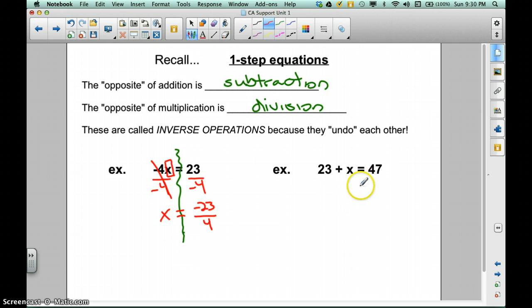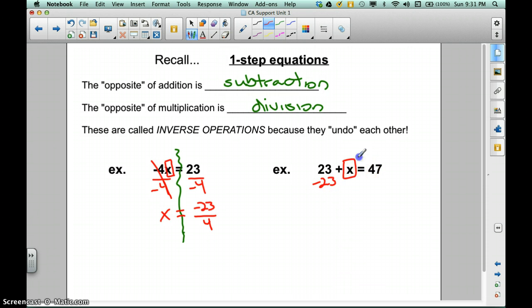Okay, so let's look at the next example. And this time, I want to get x by itself, and I see that there's a 23 plus x. So 23, it's positive. The opposite of a 23 being added to the x, just because it's in front, it's still being added, positive 23, is -23.